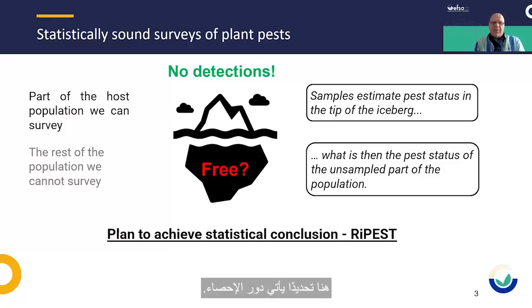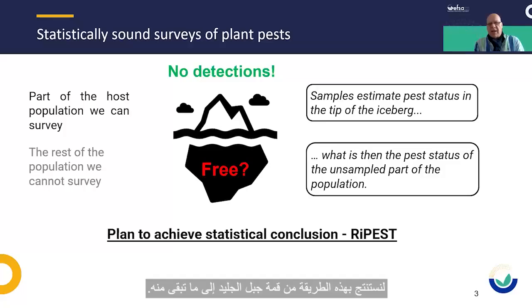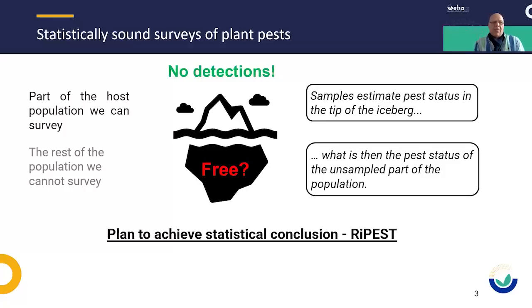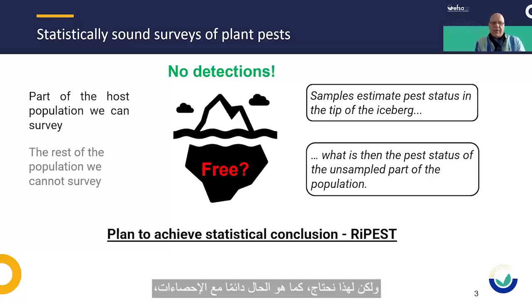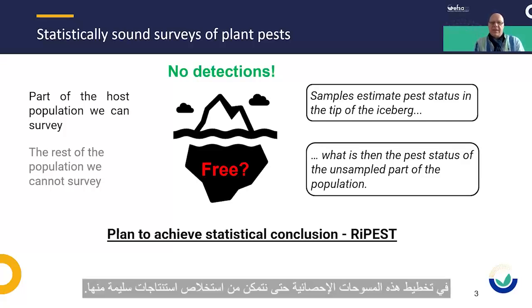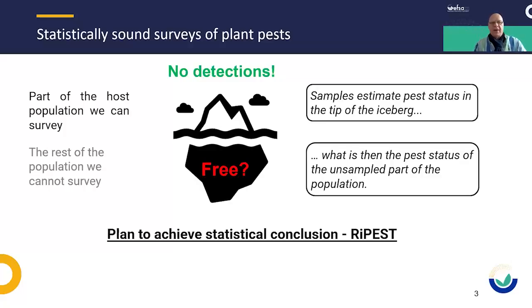That's exactly where statistics comes in, to conclude from the tip of the iceberg to the rest of it. But for this, we need, as always with statistics, a well-planned sample as a basis for this conclusion. Hence, we need a sound survey design to collect these samples. And that's exactly what RiPEST was made for, to help us plan these statistical surveys so that we can make sound conclusions out of it.